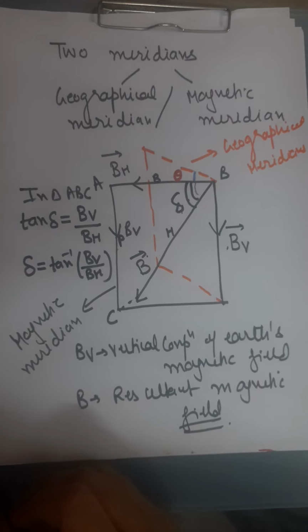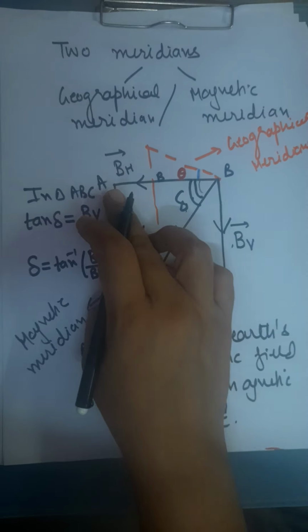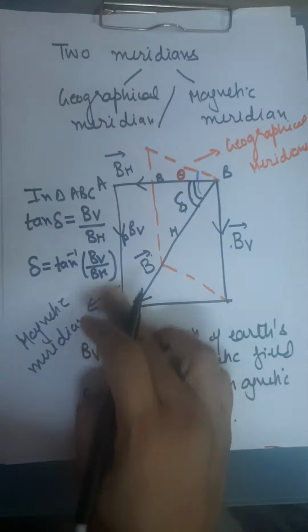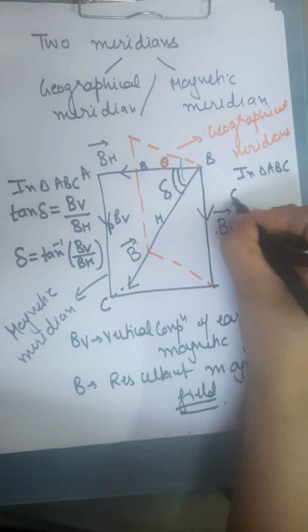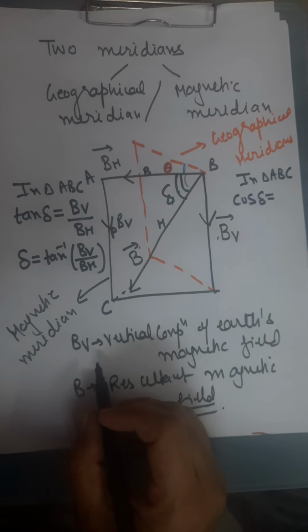Children, all of you look at this geometry very carefully. Are you able to visualize triangle ABC? In triangle ABC, if this is the angle, opposite to the angle is perpendicular, then base, hypotenuse. So tan delta is BV by BH. In this triangle only, if I ask you to write what is cos delta, look here children, cos delta is base upon hypotenuse, right?